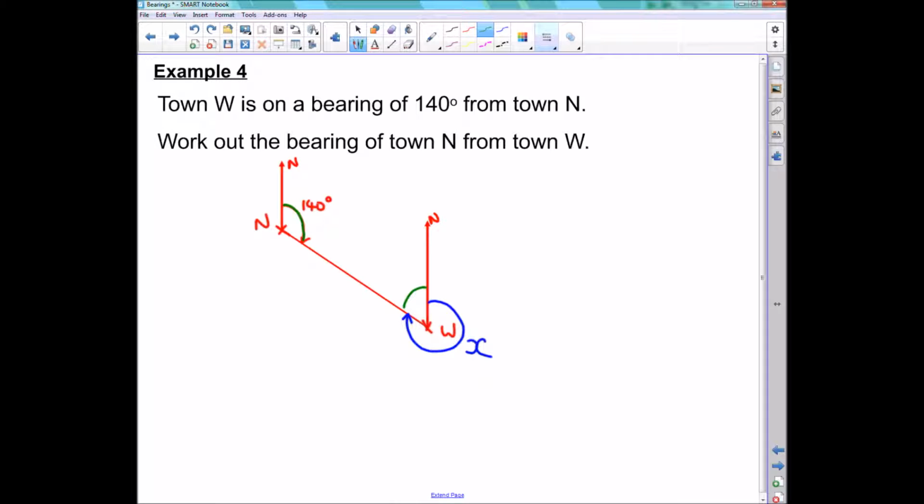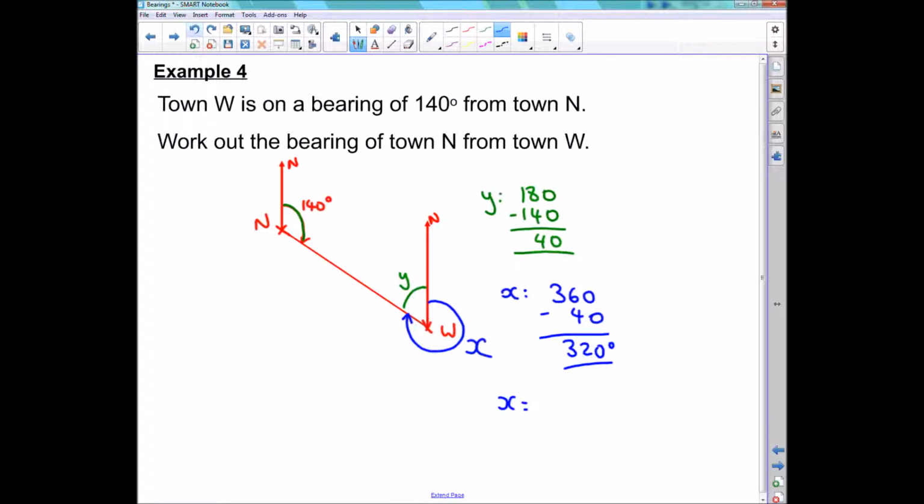So I can find this angle here, which I'm just going to call y, by doing 180 take away 140, which gives me 40. Knowing that y is 40, I can easily calculate what x is, because I know that these two angles add up to 360. So all I do is 360 take away 40, and I get the bearing 320 degrees. So this bearing here, x, is 320 degrees.